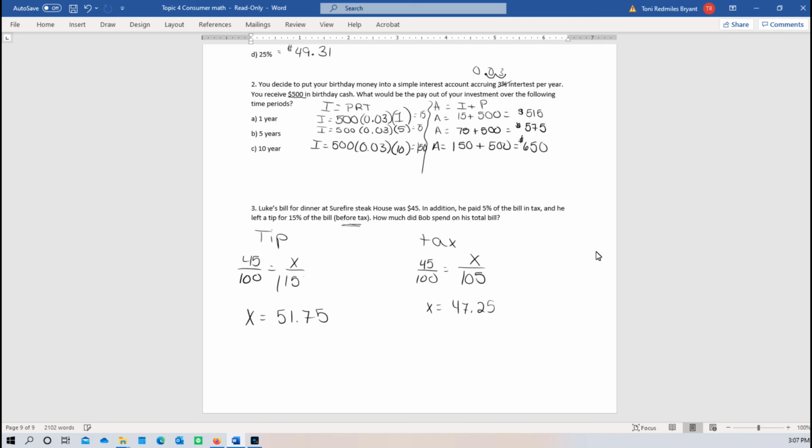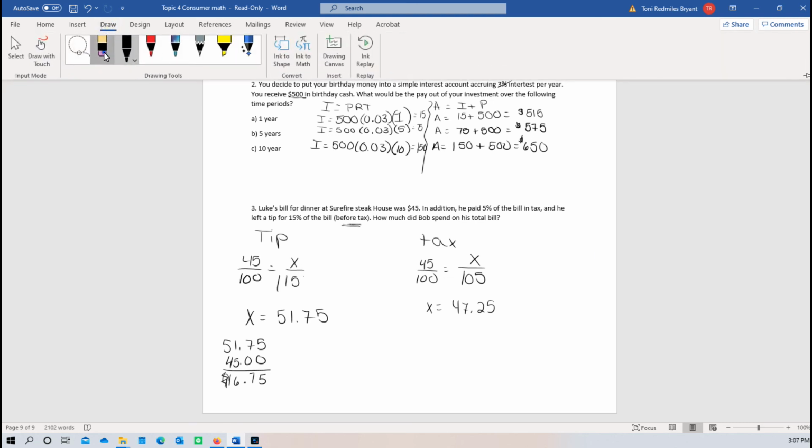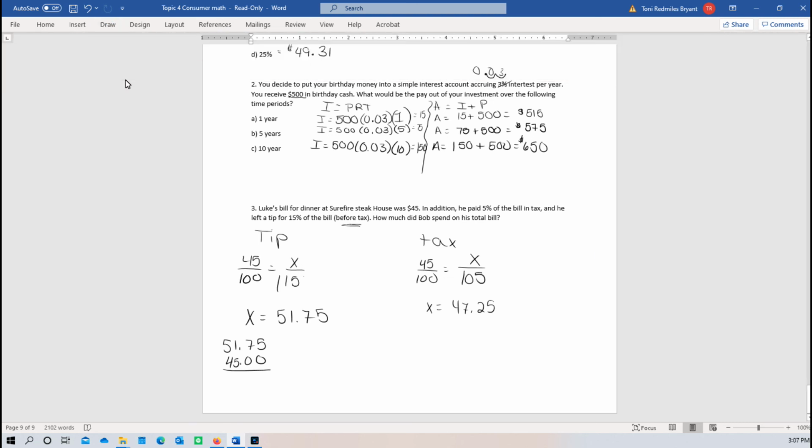Now I got to figure out what the difference of that is. So I'm going to take 5175 and subtract 45. And it's going to tell me that I'm going to leave, well, that's not right. That's not right either. I added. See, we all make mistakes.